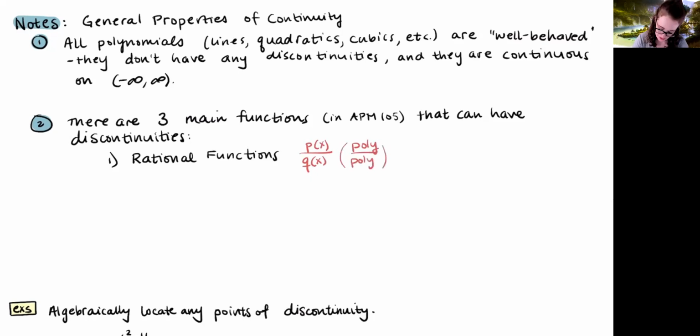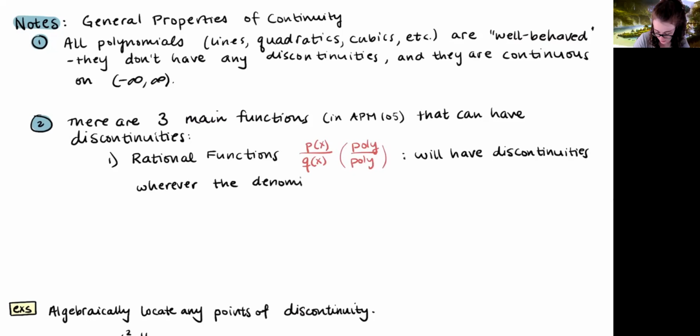These will have discontinuities whenever the denominator is 0, because those will result in a hole or a vertical asymptote. And so these are not going to be places of continuity. So wherever the denominator is equal to 0, or q of x is equal to 0.